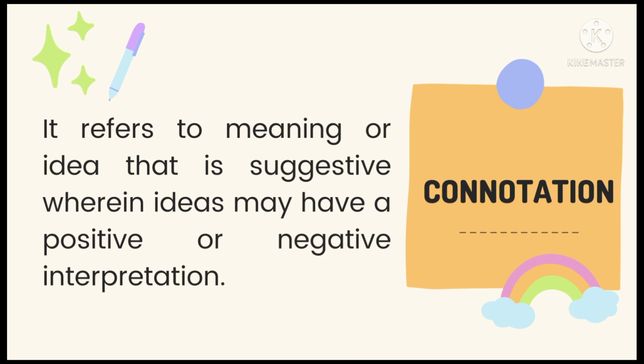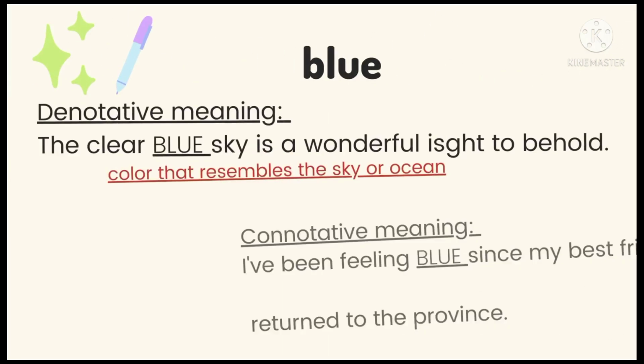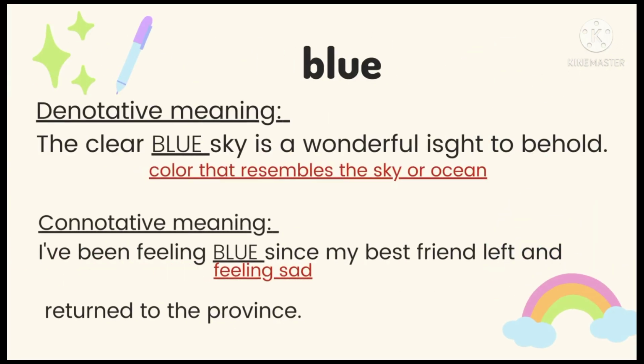Or to simply say it, denotation is a definition that comes from a dictionary, while connotation is a meaning based on a given situation or maybe based on feelings, which may be a positive or negative meaning. Take a look at these example sentences. The word that we are going to define here is the word blue.